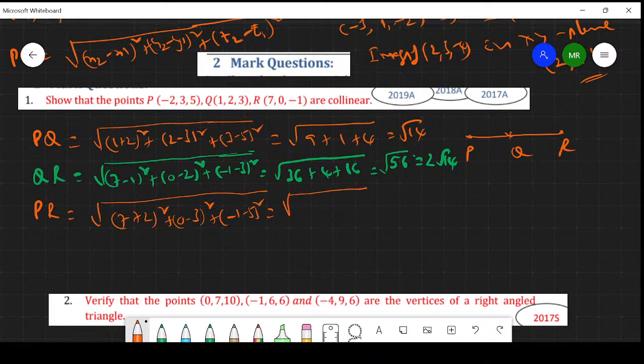You simplify this: 9 means 81, plus 9, plus 36.